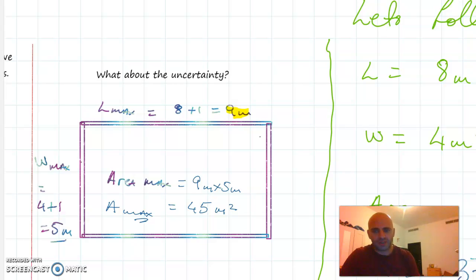Do the same for the width: 4 meters plus 1 meter gives 5 meters. So the maximum possible area would be 9 times 5, which is 45 meters squared. Just a good bit off.